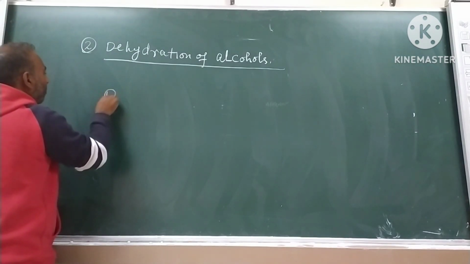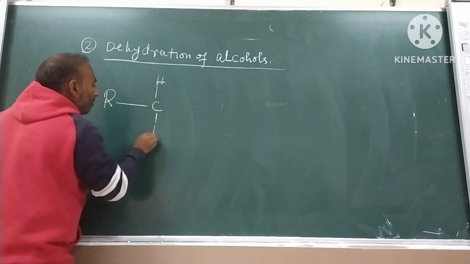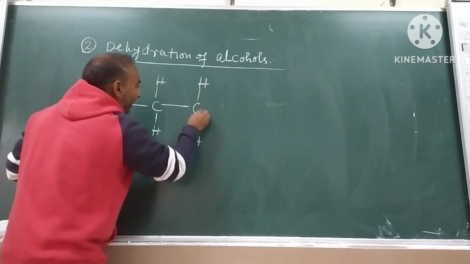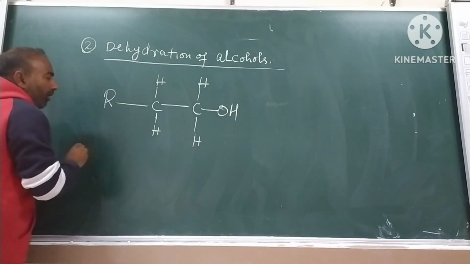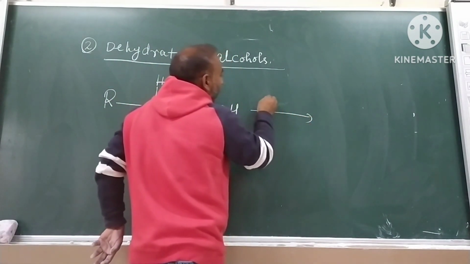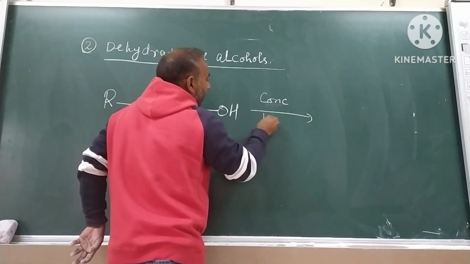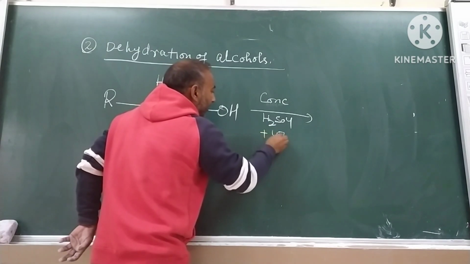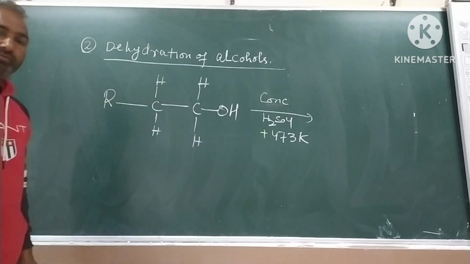Like this, we have an alcohol, R CH2CH2OH, in the presence of concentrated sulfuric acid, H2SO4, and high temperature, 473 Kelvin.